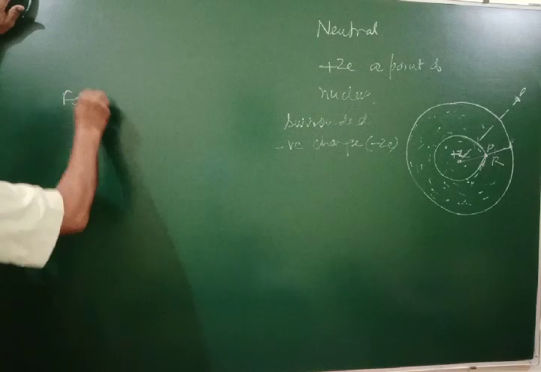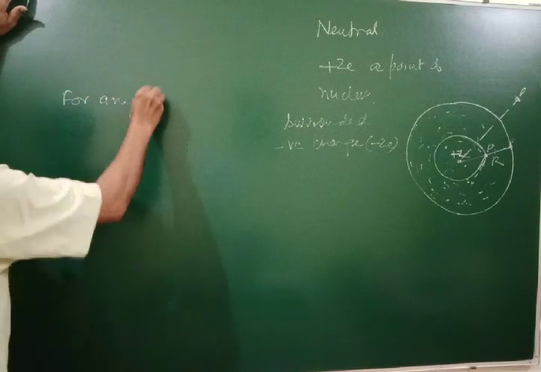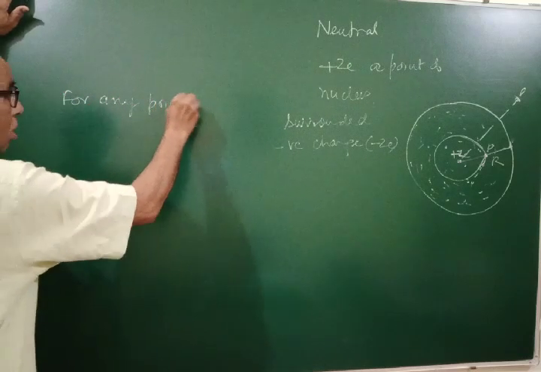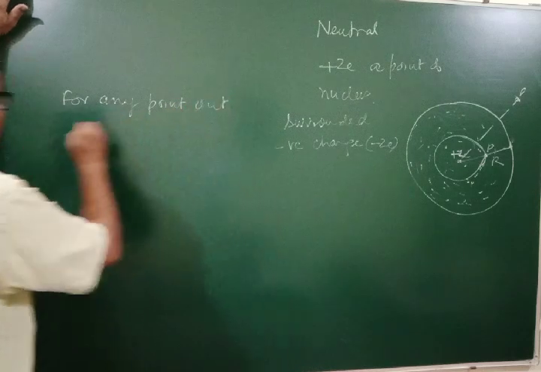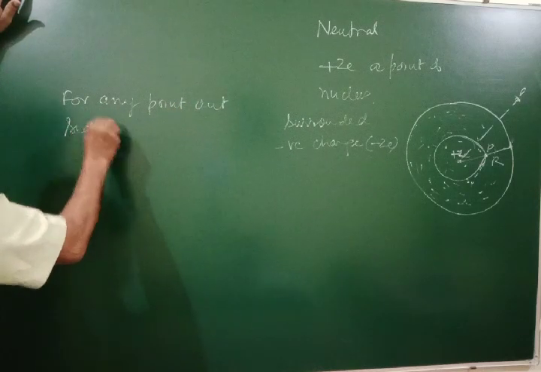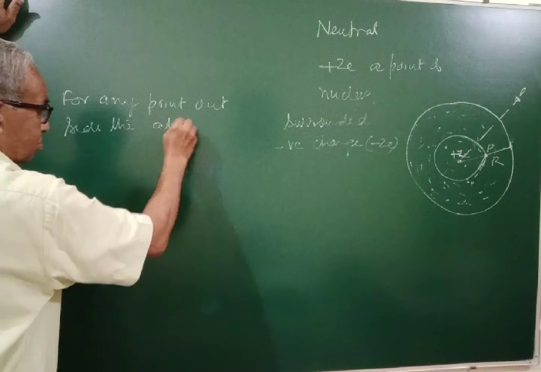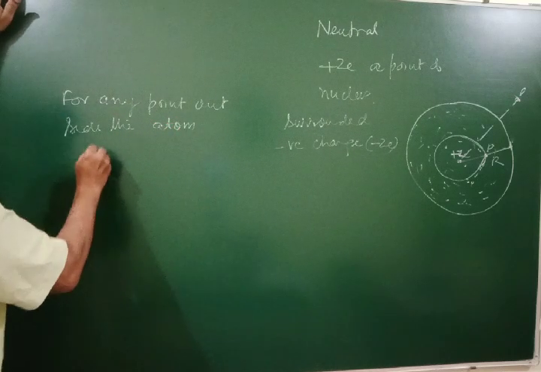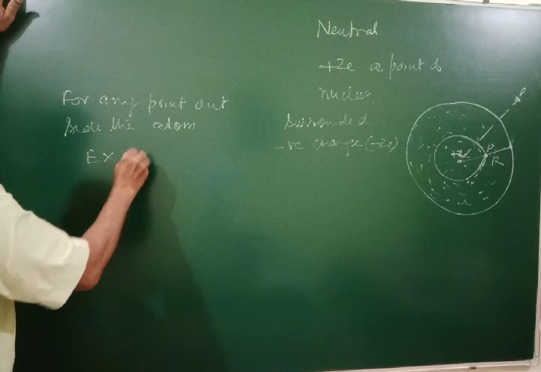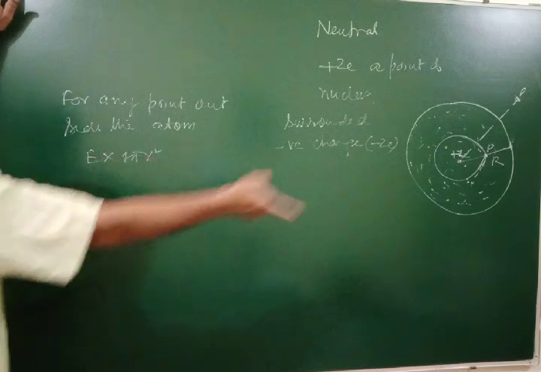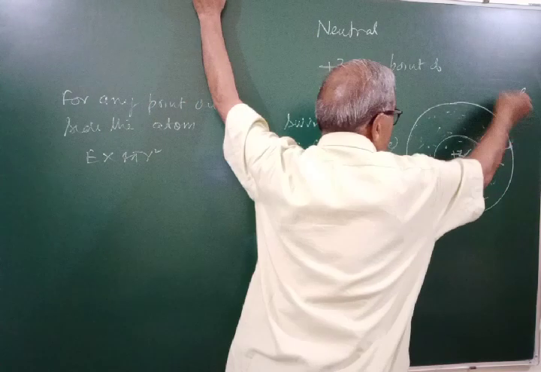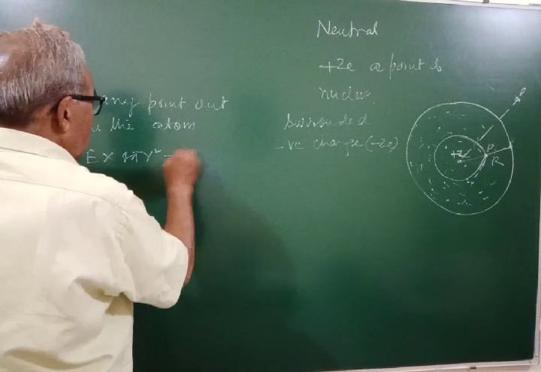For any point outside the atom, E into 4 pi r square, the surface integral of the electric field over the Gaussian surface, is equal to 0.